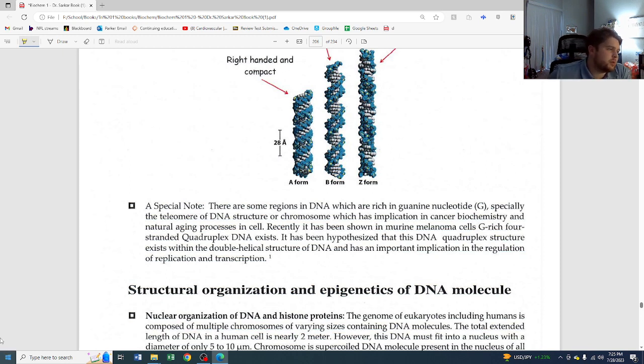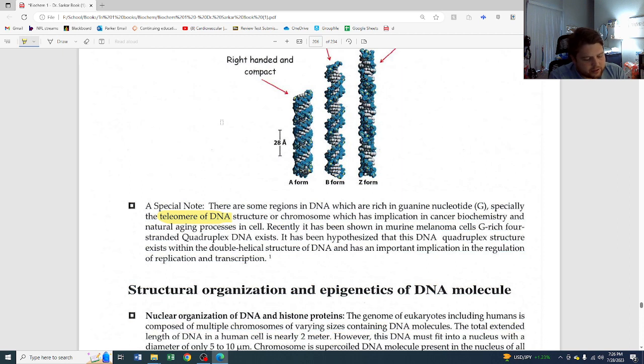Do, however, remember this word, telomere. Telomere DNA. So the telomere is found at the very end of your DNA. Every single time that your DNA replicates, the telomere at the very end kind of breaks down little by little.